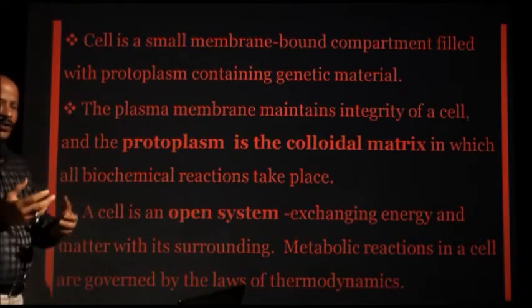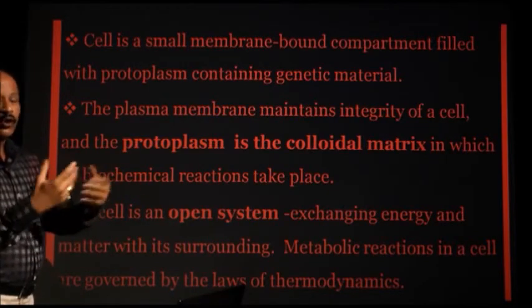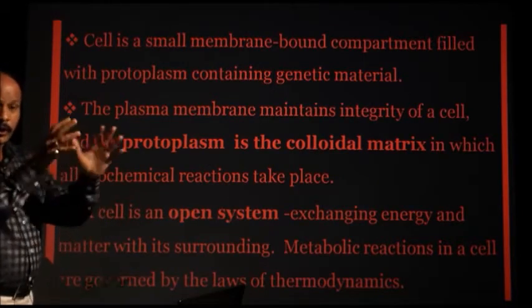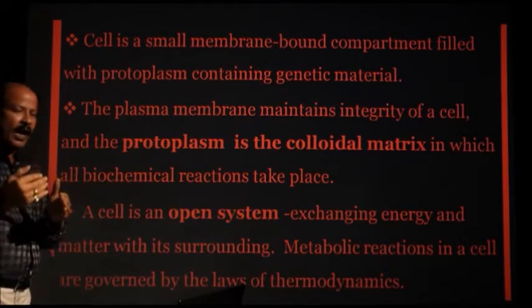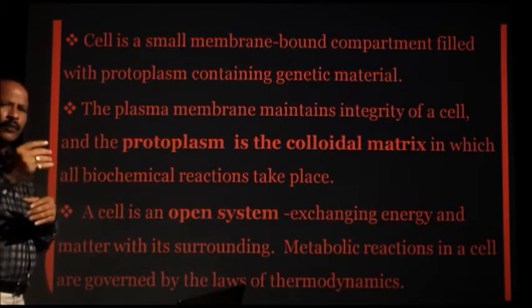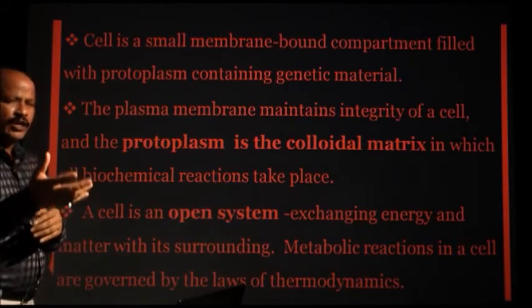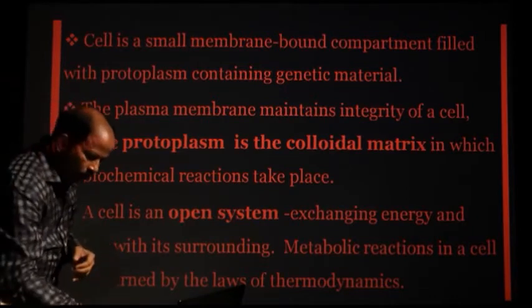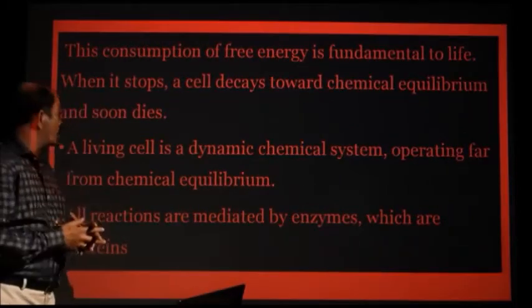Definitely it gets its energy and raw materials from the surroundings. Therefore a cell is not a closed system, it is an open system. Things are taken in, and wastes or products are given out. So exchange of energy and matter takes place between the cell and its environment through its plasma membrane. And all life forms obey the laws of thermodynamics.